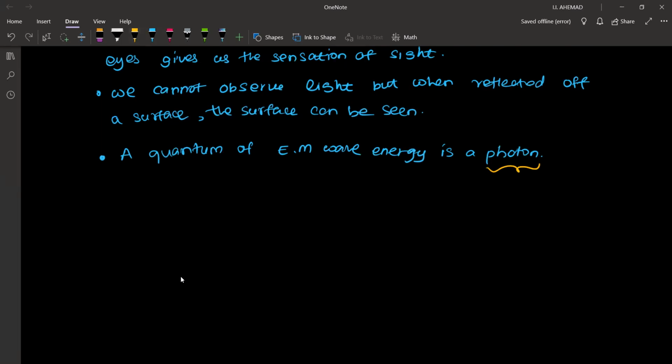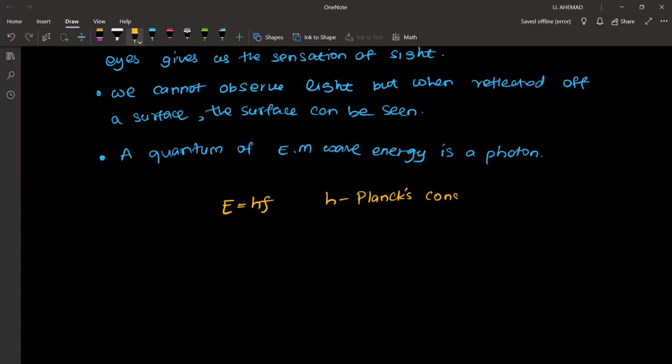So an electromagnetic wave is composed of several photons. And we know the equation for the energy of a photon. That is E is equal to hf, where h is Planck's constant.